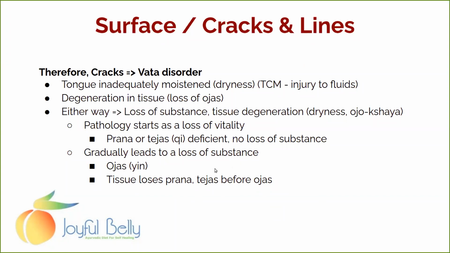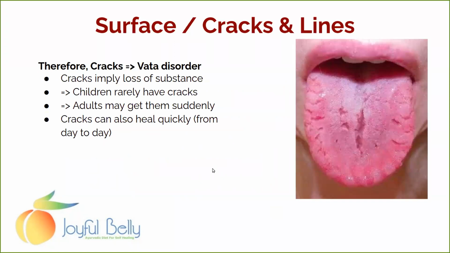And that is just a general progression of things. So first we'll see a loss of vitality. Maybe the tongue's a little pale or a little swollen, but eventually that leads to dryness and a loss of moisture. And cracks imply that loss of ability to moisturize the body.